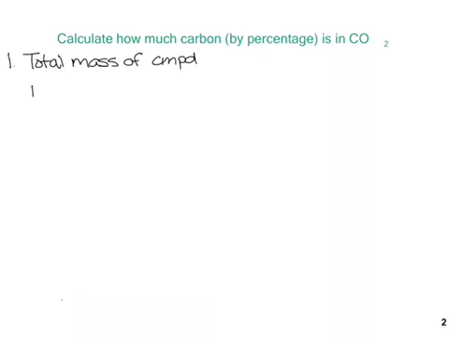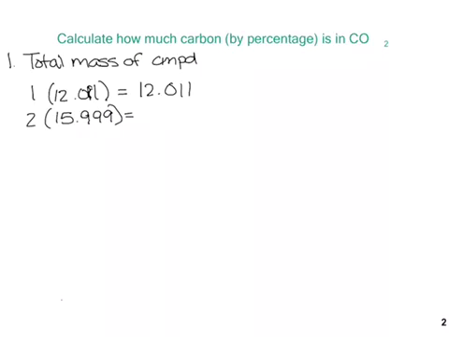So we have 1 atom of carbon, and the mass of carbon from the periodic table is 12.011, for a total of 12.011. Then we have 2 oxygen atoms, and oxygen is 15.999. And since we have 2 of them, that multiplies out to 31.998. So to find the total mass, you add those 2 numbers together, and when you do that, you get 44.009.